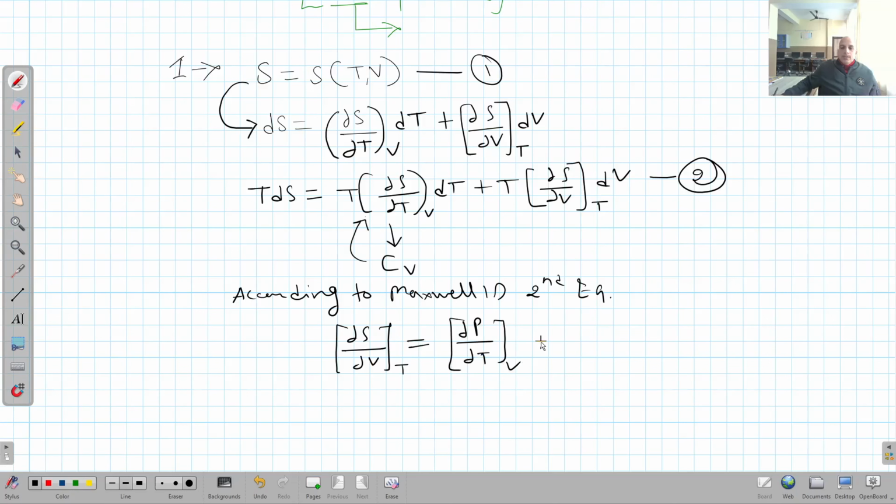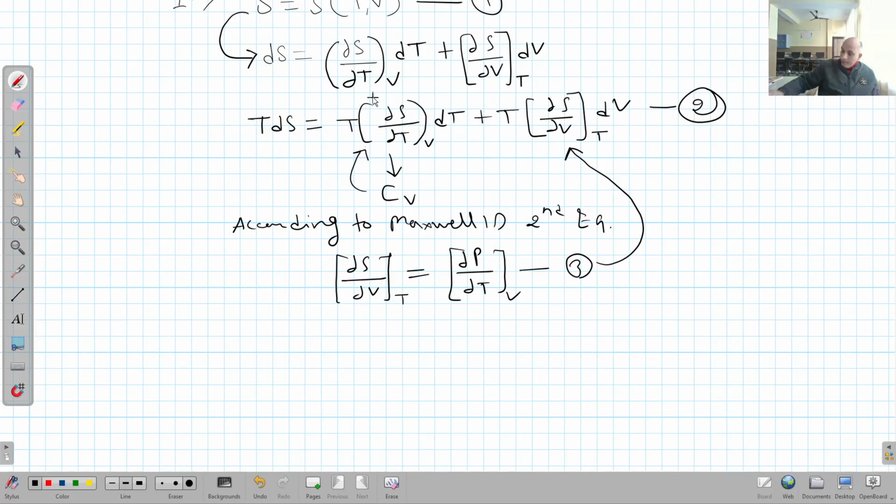This is Maxwell's second equation and this is equation number 3. So now I'm going to put this here and this here.